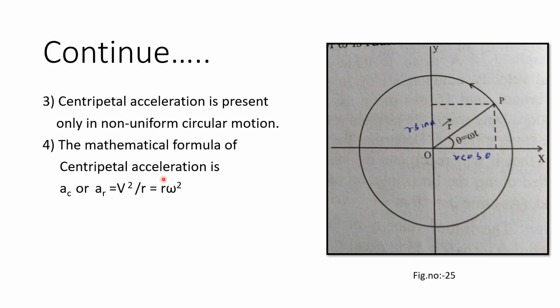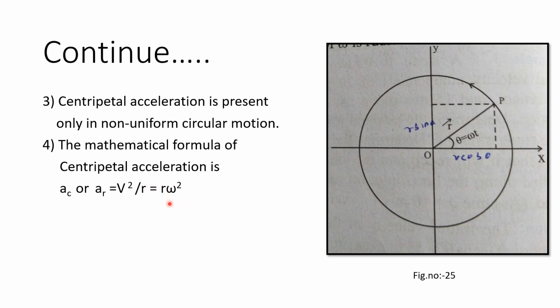Now the mathematical formula of centripetal acceleration is a_c or a_r equals v squared upon r. But we know linear speed v is equal to r omega.